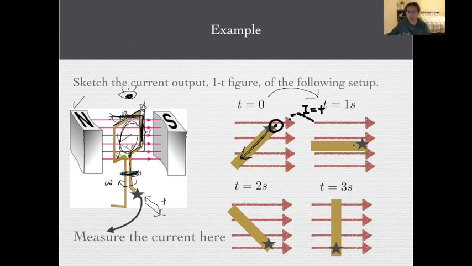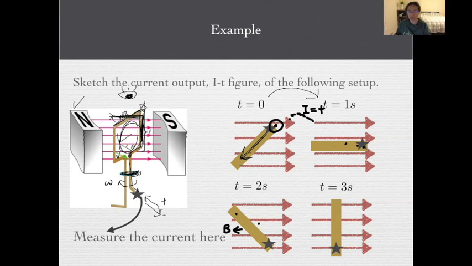Now let's see what's happening from 1 second to 2 seconds. At 1 second, there is no flux here. But after I rotate all the way here, then I have 3 flux. So this is no flux, and this is 3 flux. Again, your loop will be unhappy because there's a change in flux, so it will try to create a magnetic field to the left to counter the change.